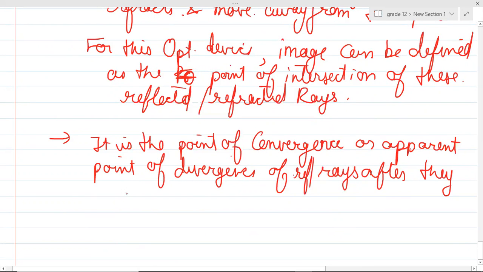Reflected or refracted rays after they interact with a given optical device.